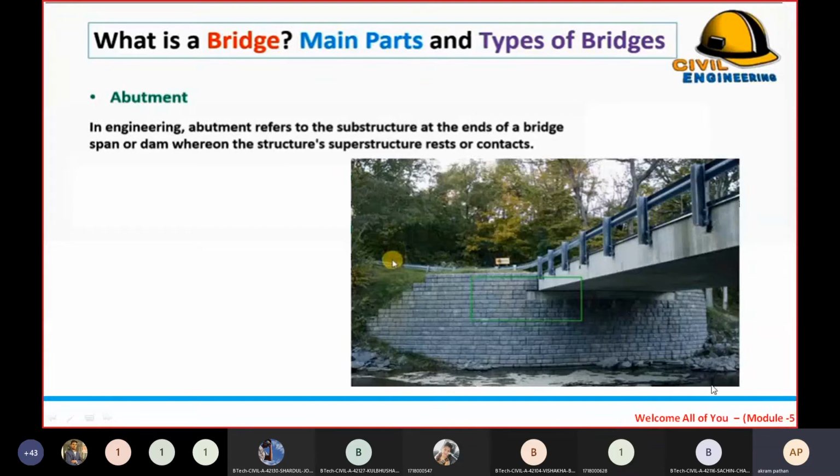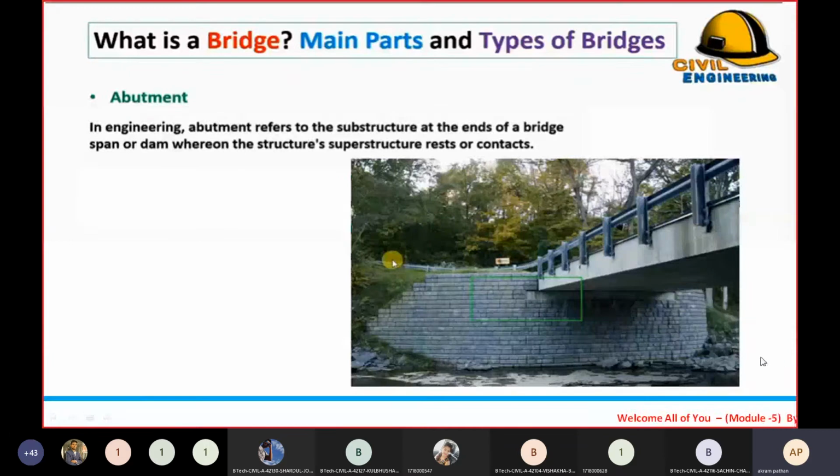Then what is an abutment? See here, whatever wall we have constructed at the end of both sides of the bridge, I am focusing more on both sides of the bridge, we call it an abutment. So an abutment refers to the substructure at the end of a bridge's span or dam, where the superstructure rests or makes contact.